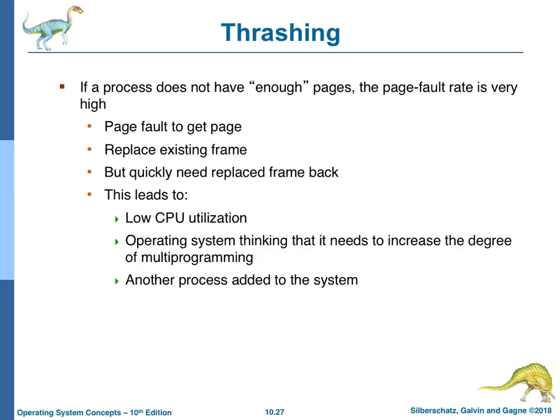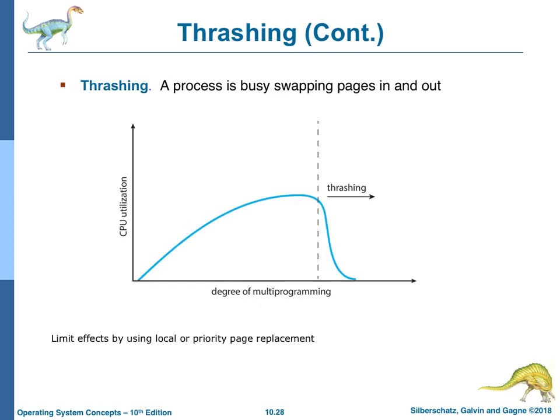So what will happen? There is a very famous curve for showing this thrashing. For example, we keep on generating page faults, and we keep on loading, keep on loading.